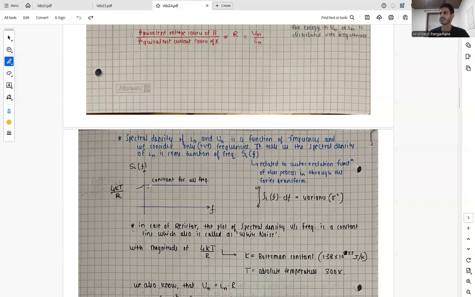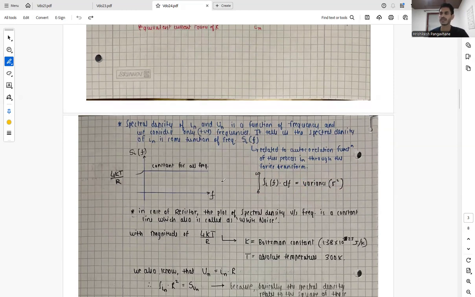Also, spectral density SI of F is related to the autocorrelation function of this process In through the Fourier transform, and the integration of SI of F df from 0 to infinity gives us the variance, sigma square. By taking the root of this variance we get the root mean squared value or the standard deviation.